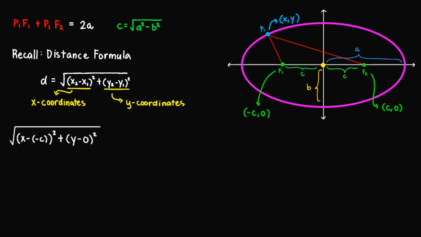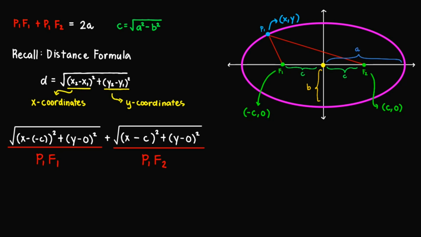Again, this refers to the segment P1F1, plus applying the distance formula again, this time for this one and this one, we'll obtain the square root of the quantity x minus C squared plus the quantity y minus 0 squared. This refers to the segment P1F2, and again, don't forget the equals 2A out here. So we'll have this, and this will be our working equation.